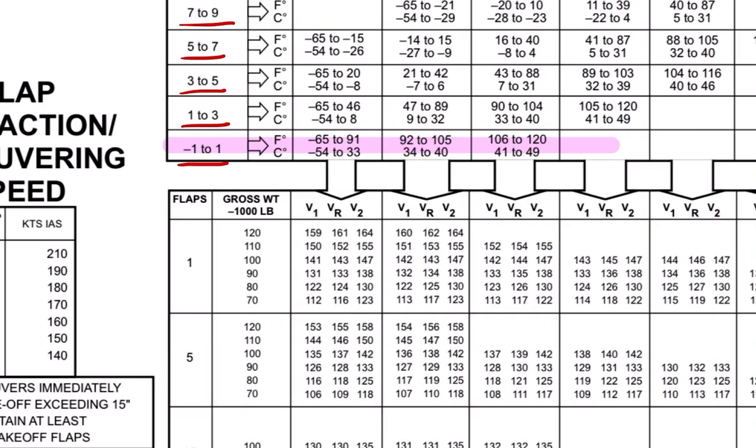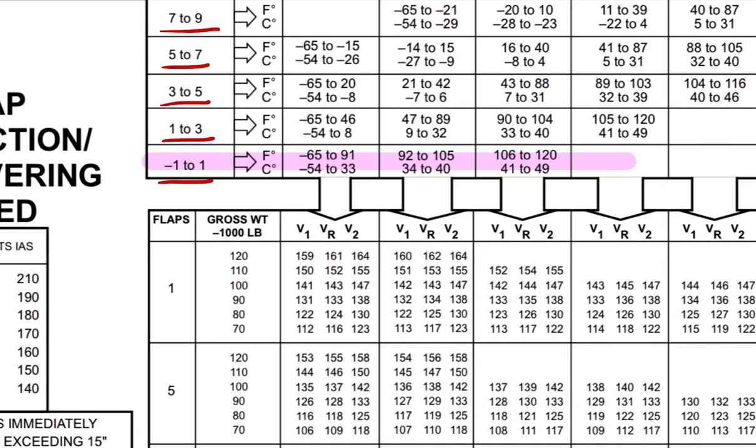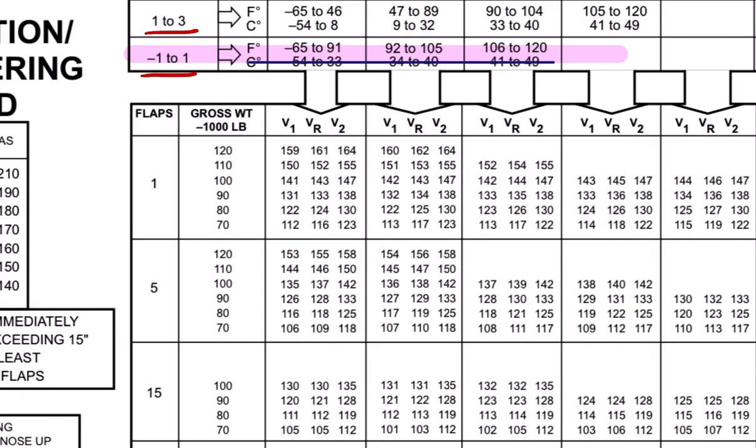And so when you look at that, we are given our temperature in Fahrenheit. We're not given it in Celsius, so go ahead and disregard this bottom row here. I'm not looking at these temperatures. My temperature is positive 50 degrees Fahrenheit. So negative 65 to 91, I'm gonna fall in this very first box. So I'm gonna go ahead and fall in this area here, like that.